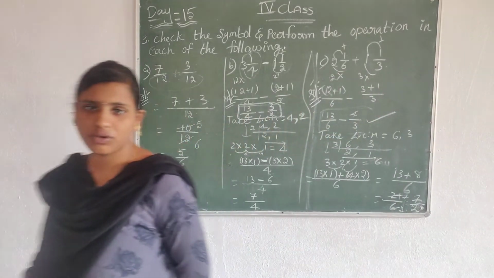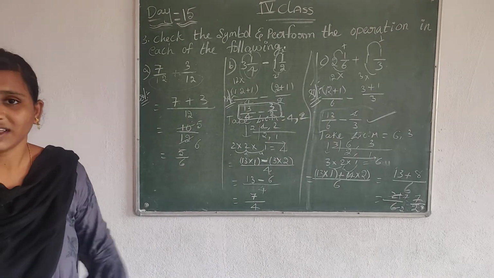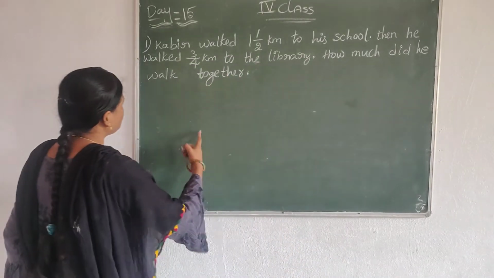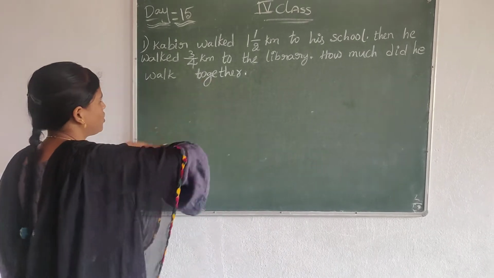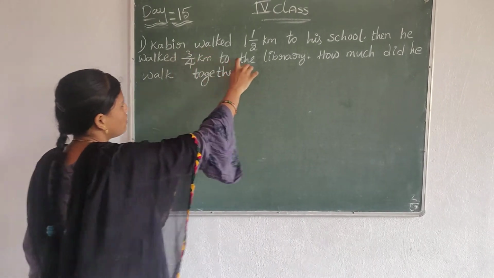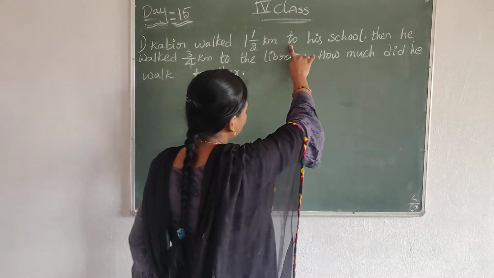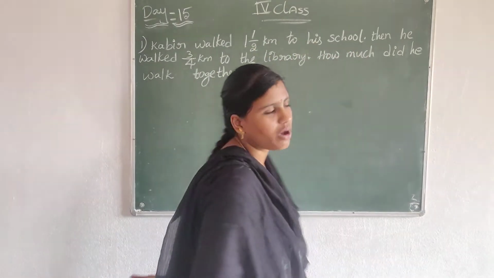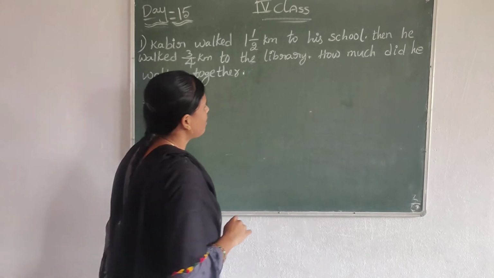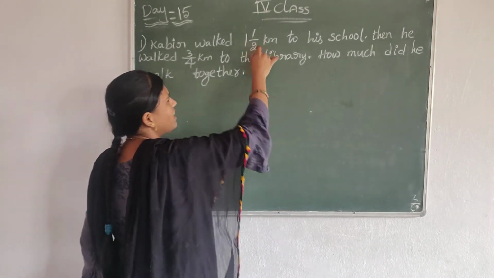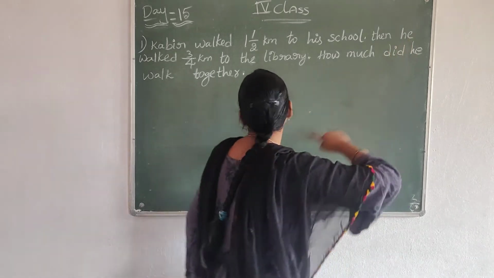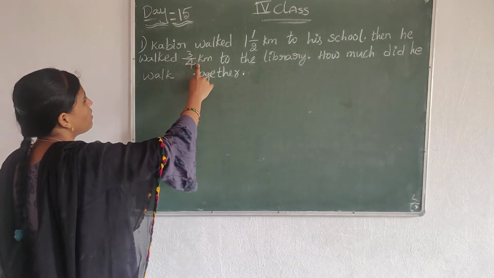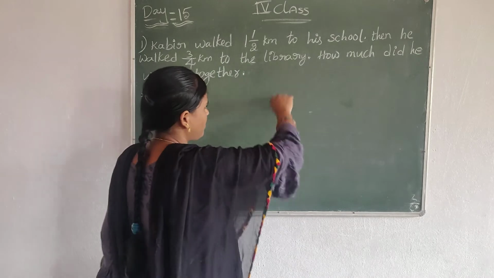Note down the answer, all of you. See this one. This is a word problem of fractions. Kabir walked 1 1/2 kilometers to his school. 1 1/2 means 1.5 kilometers. Then he walked 3 by 4 kilometers to the library.